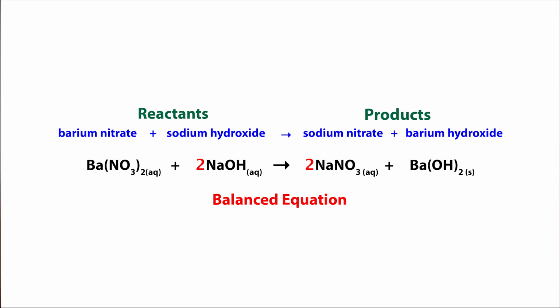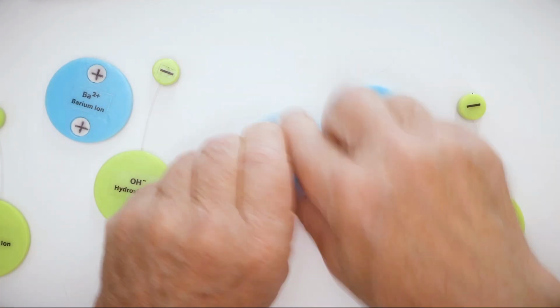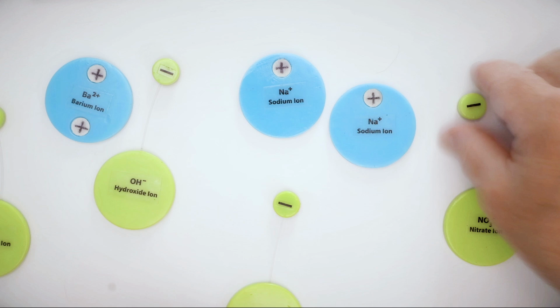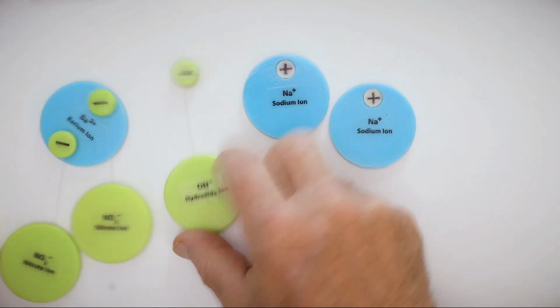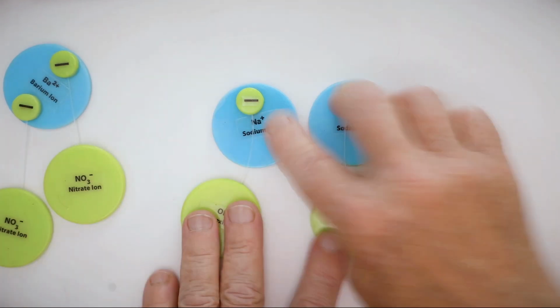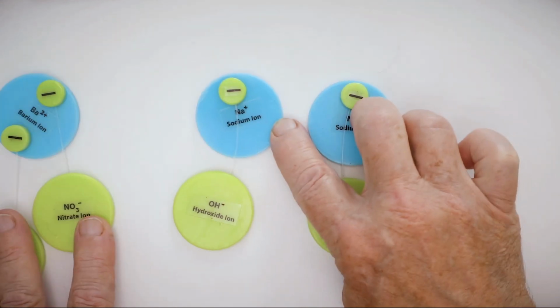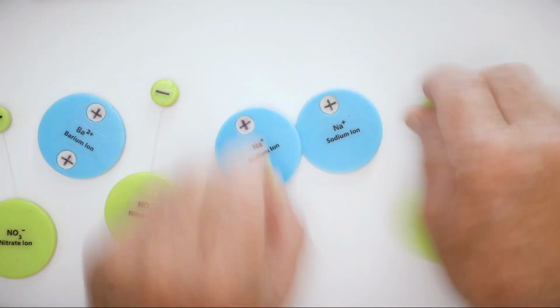Okay? So now, if we look at the reaction total from the beginning to the end, we're going to start with barium nitrate. Let me take this apart so you can see it for yourself. So we'll have barium nitrate. We'll have 2 like that, and we'll have 2 of the sodium hydroxides. So we have 1 of these and 2 of these. We have a 1-to-2 ratio here. Now these will come apart.